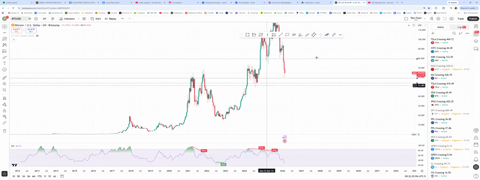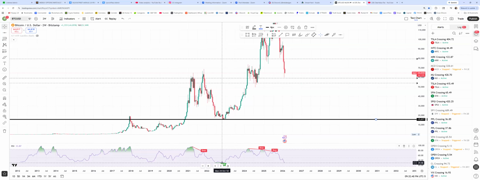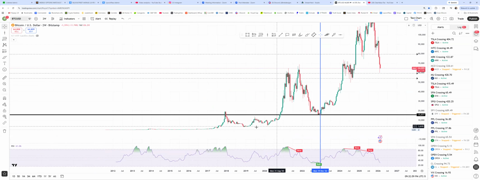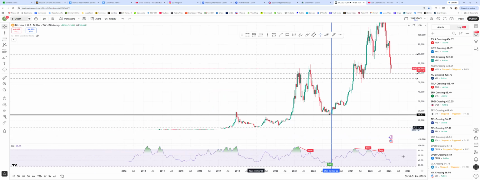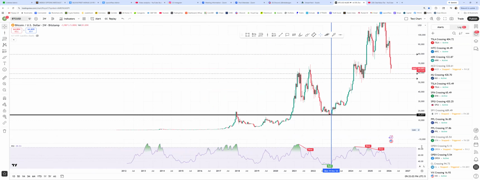So at the bottom here, RSI touched 30, right? Right now we at what? 28. Okay. That was 2017. All right. Can you make the RSI chart taller?